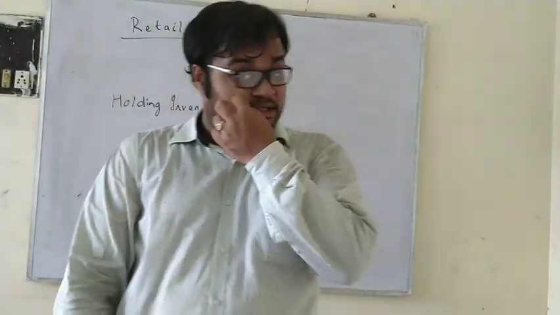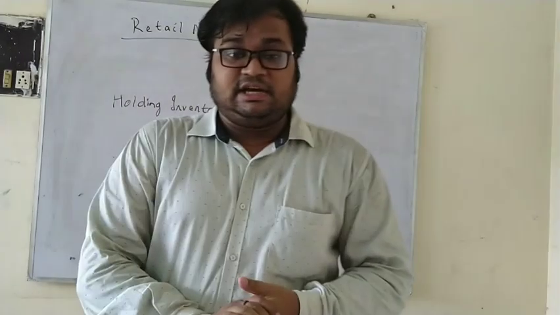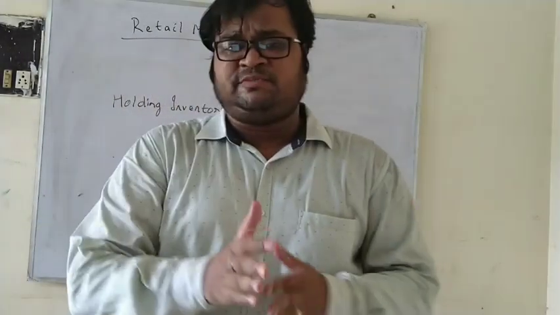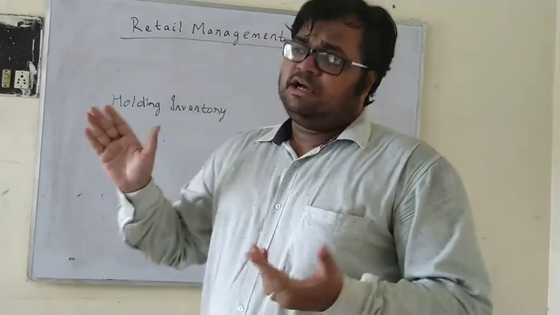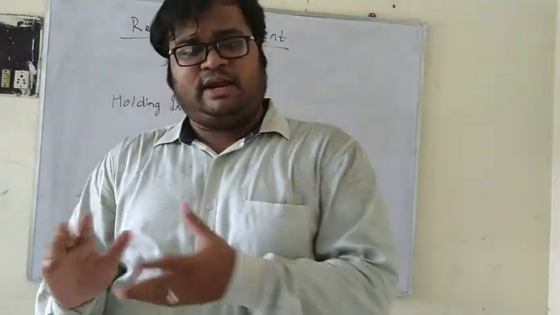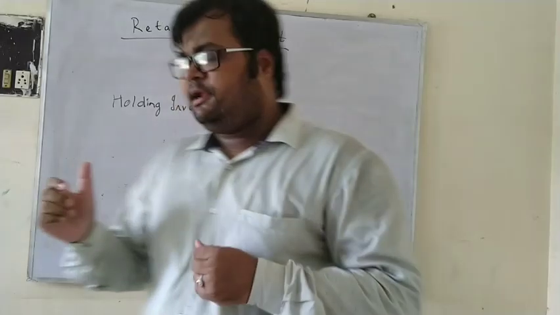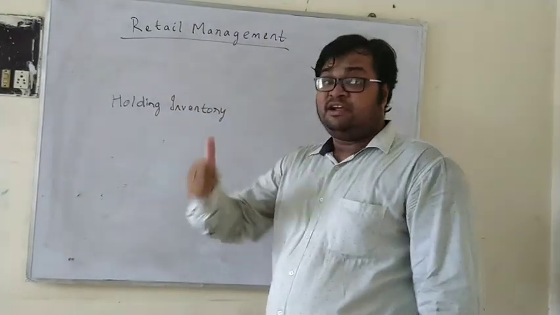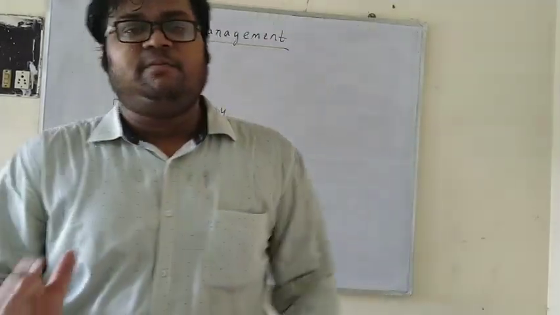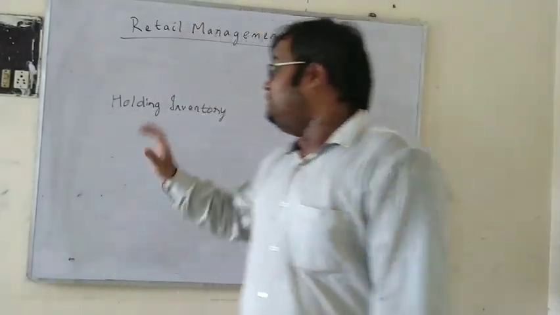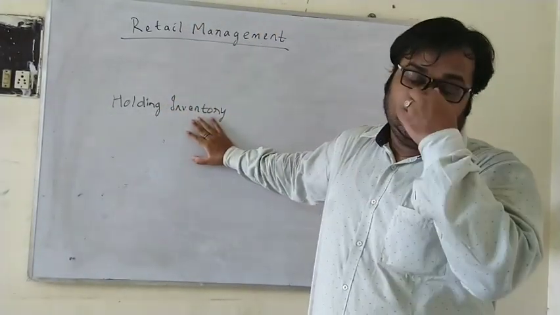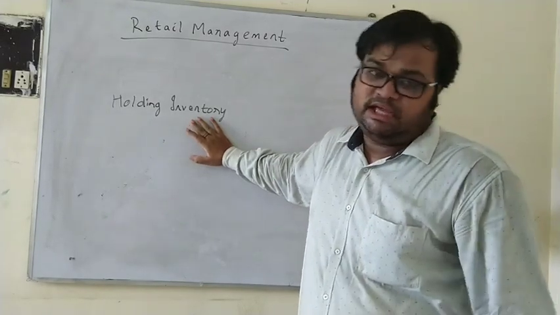Inventory, as you must have read in previous classes, must also be read in production management and finance. Inventory means finished goods and work in progress goods. These are all equivalent to inventory. But here in retail, when we say inventory, this generally means the stocks available with the retailer, or the merchandise available for the retailer to be readily sold to the customer.